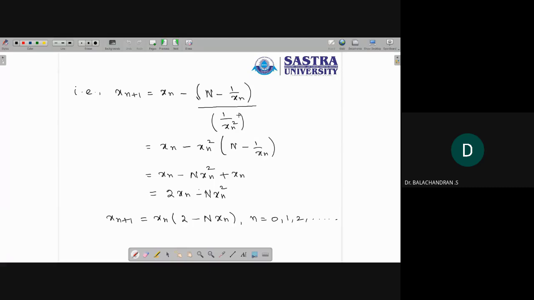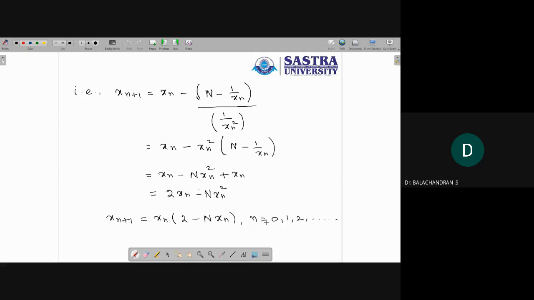So now from here to here, 1 by xn square I will write in the numerator, that is xn square into n minus 1 by xn. xn multiplied by xn square here, so minus n into xn square, minus into minus plus, xn square divided by xn is xn. So add these two, we'll get 2xn minus n into xn square. So I'm taking xn common. So xn plus 1 equal to xn into 2 minus n into xn.